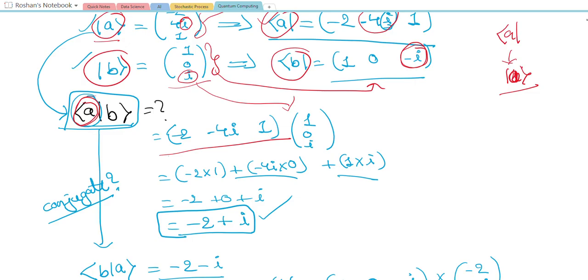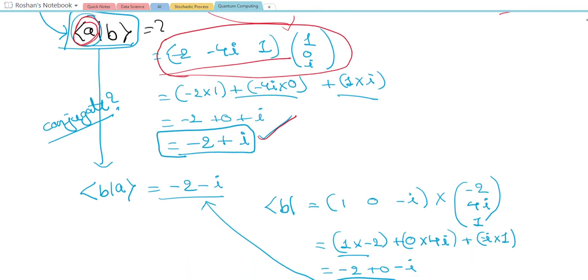Once you write this perfectly in this notation, it is very easy to find the scalar value. Basic calculation: first row, first column, second row, second column, third row, third column. That is how you calculate the inner product, right? Then if you solve this, you will get a scalar value.